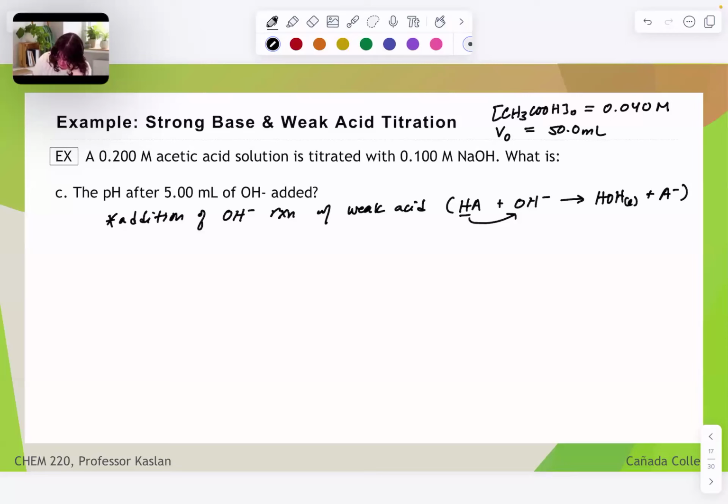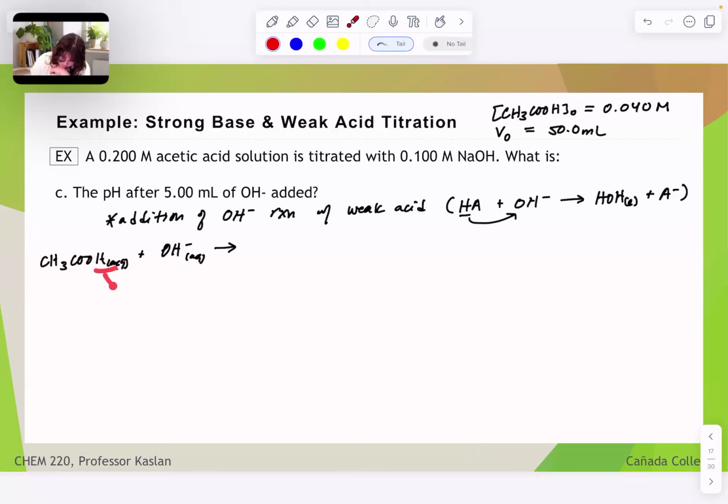I'm going to go ahead and write out this reaction that exists between acetic acid and the hydroxide ion. Again, I'm writing out net ionic neutralization equations here, so I'm not considering the sodium.